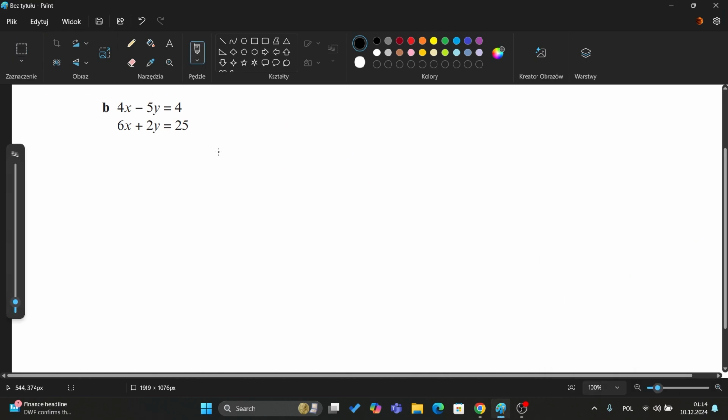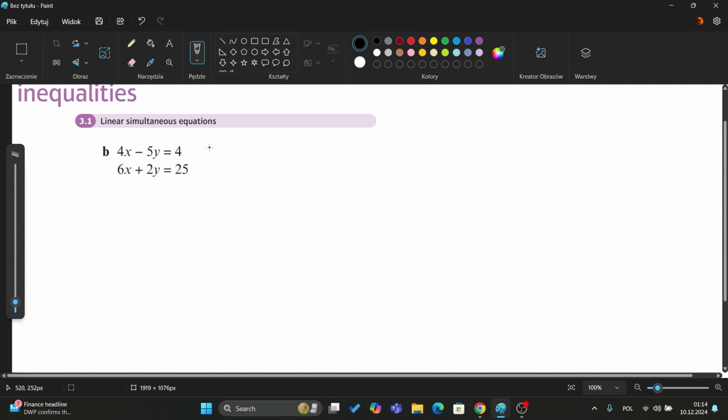Now we have another set of equations. Here we can eliminate y's or x's, depending on which one we prefer, to find the values of y and x. I can multiply this equation by 2, and I can multiply this whole equation by 5.